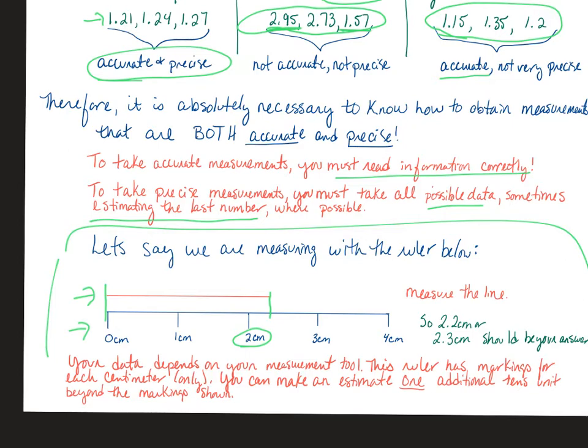So let's say that this is about 2.2 or 2.3 centimeters. That's probably a good estimate of the next tens digit. That's okay. You should estimate one additional tens unit beyond what the markings are shown.